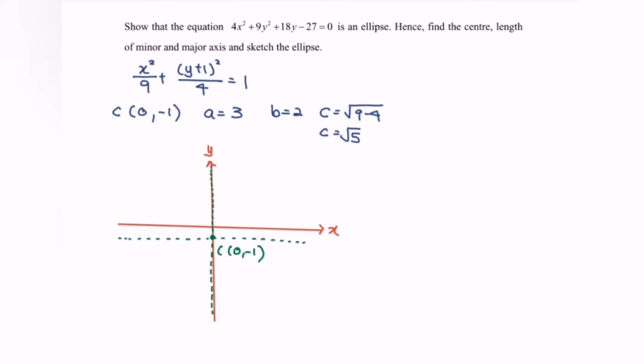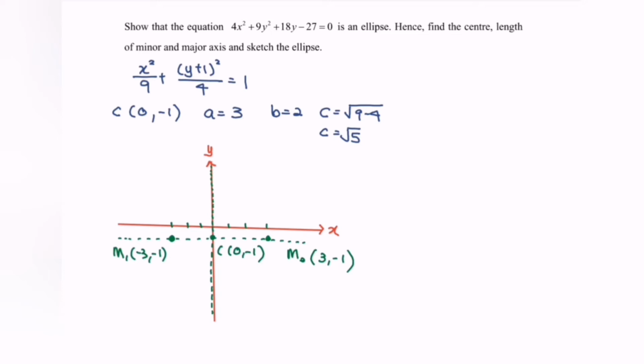So here we have -1, -2, -3. So here we have the major vertex -3, -1. Next, moving towards the right for 3 units, we have 1, 2, and 3. So here we have another major vertex, which is 3, -1.